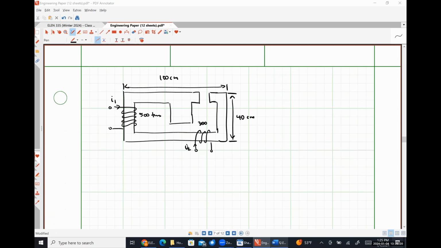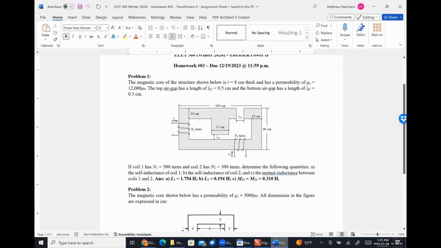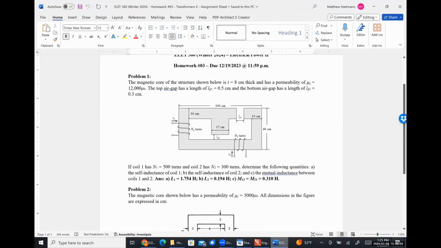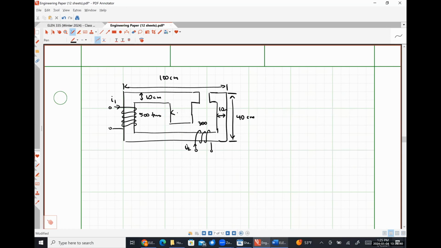Forty centimeters here. This is 10. This is 10. This guy is 15.